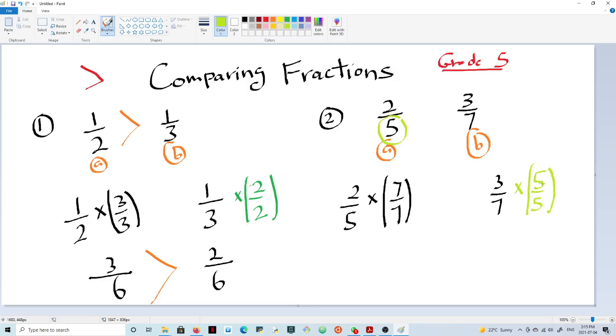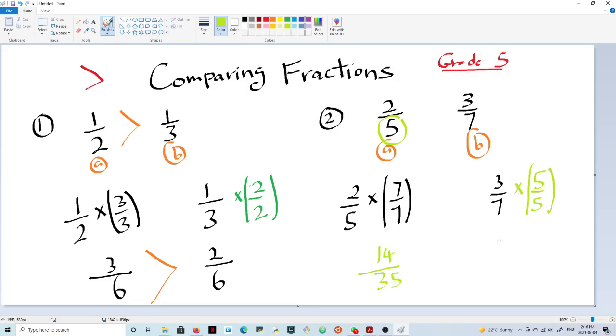Now, when you multiply by 5 upon 5 or 7 upon 7, I have said that it's the same as 1. So you're not doing anything to the fraction really, right? You just want it in a different form. So here, you're going to have 2 times 7 is 14, and 7 fives 35.